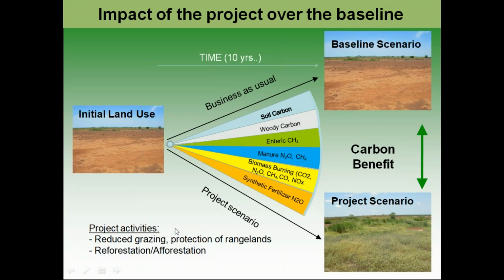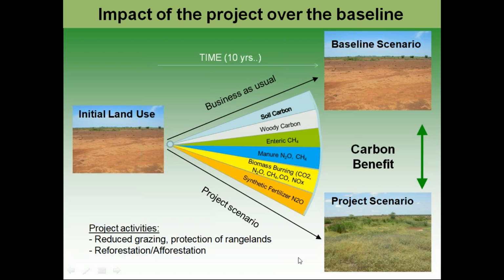Our project, however, is going to come in, we're going to cordon off this area, we're going to reduce grazing pressure, keep livestock out, and this is going to result in the grasses revegetating and coming back. We also might introduce a few shrubs, plant a few shrub species in the area, so we'll get increased carbon stored in above ground biomass, we'll get increased carbon stored in soils.